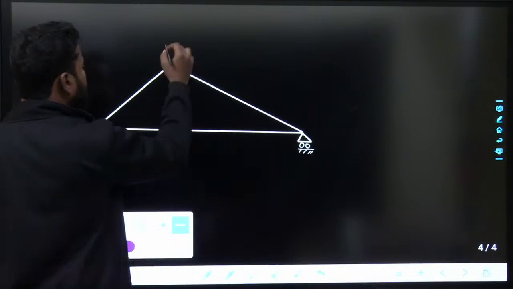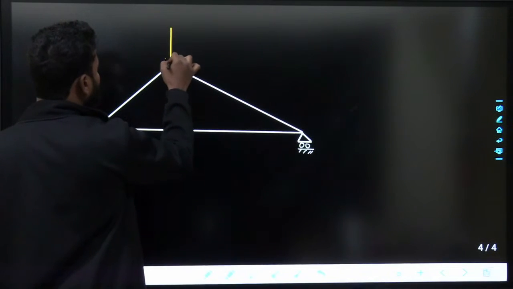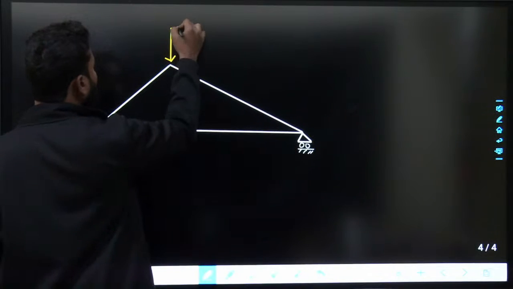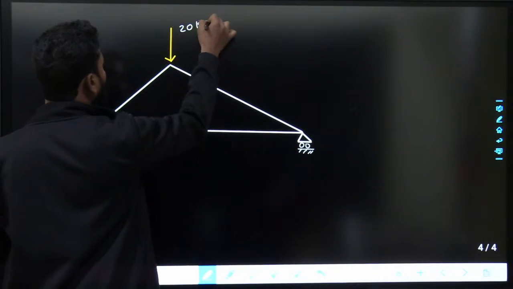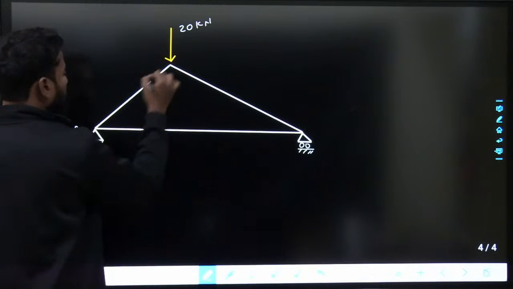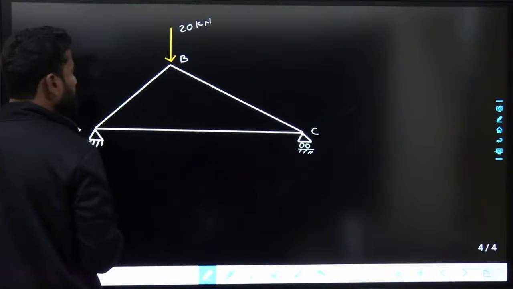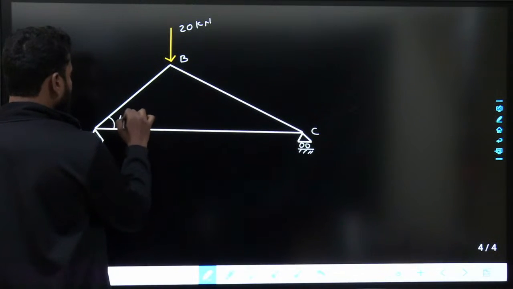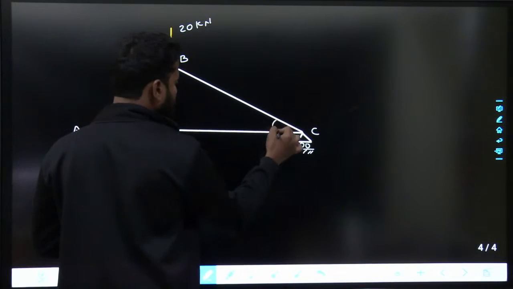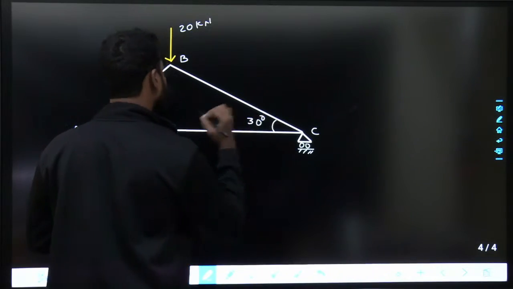The next problem is something like this. There is 20 kilonewtons applied over here. A, B, C. This is 60 degrees. This one is 30 degrees.